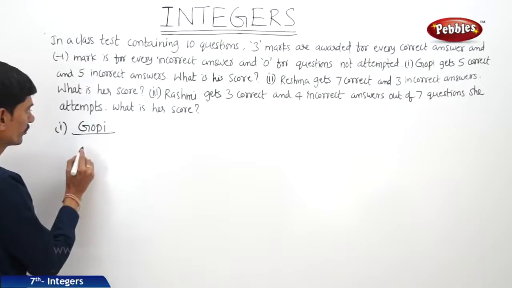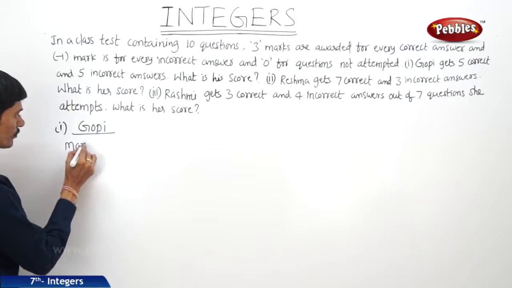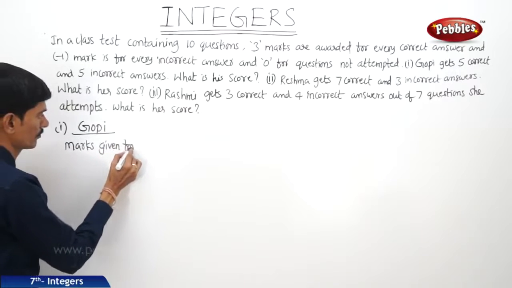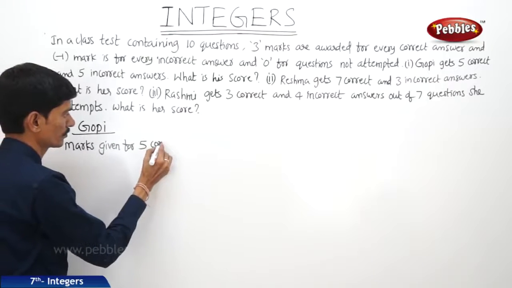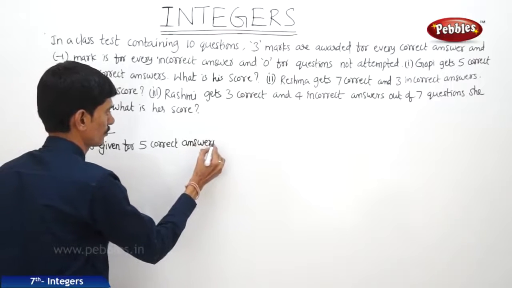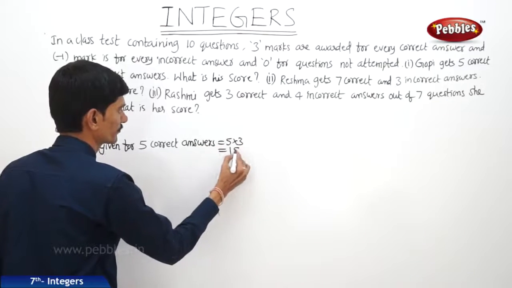Marks given for five correct answers equals 5 into 3, that equals 15.